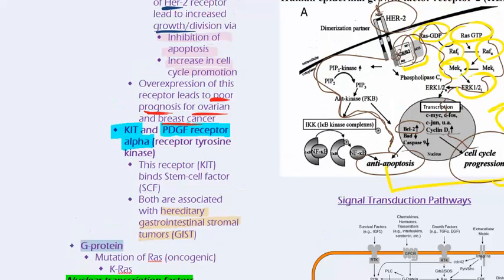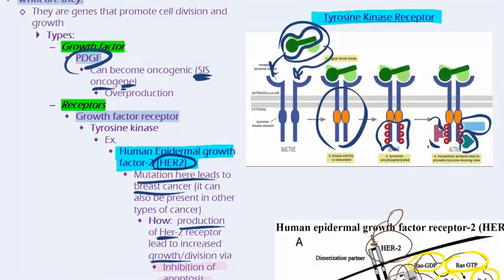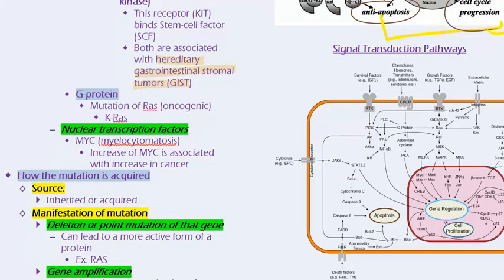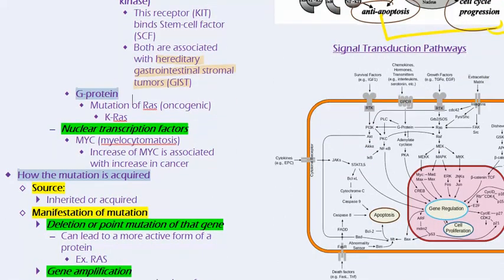Okay, so we looked at the growth factor. We looked at the receptor. Now we're looking at the G protein. Remember, it was RAS, RAF, then MEK, and then ERK, right?